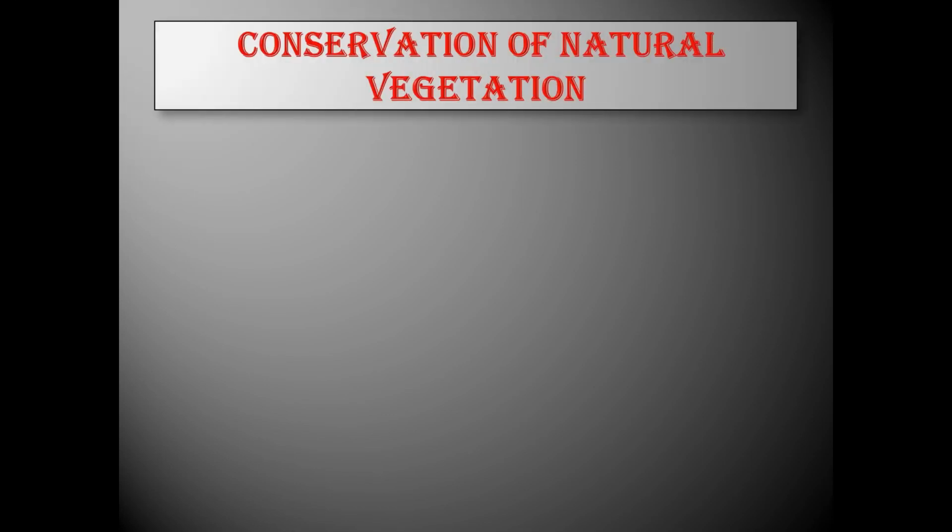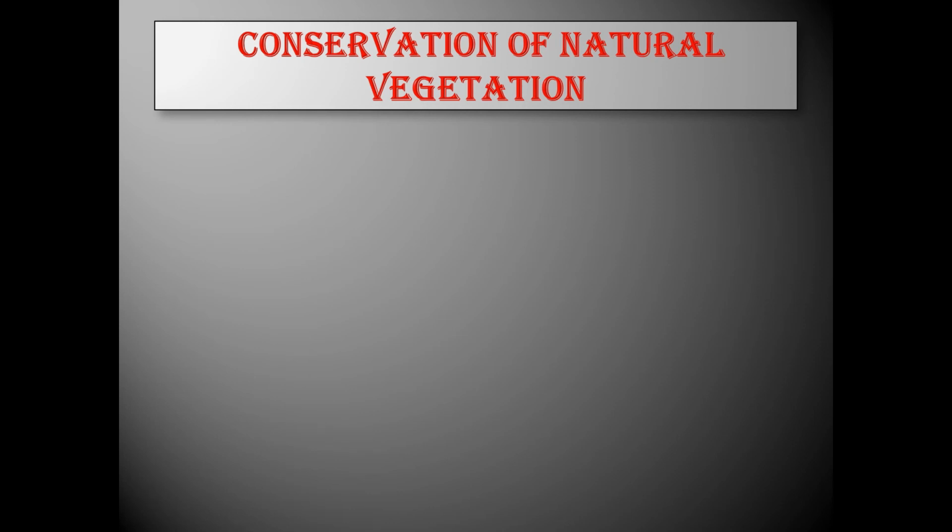So let's talk about our next topic, that is the conservation of natural vegetation. Conservation of both natural vegetation and wildlife is important, is essential, because they both have importance in many ways. They are helpful to us, they are helpful in different kinds of natural activities also.